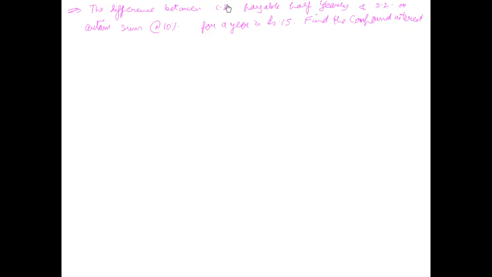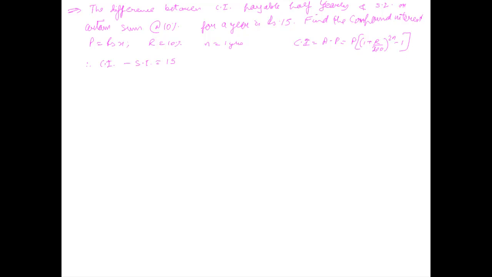So children, what if we do in a sum like this? We will first find out the principal and then we can simplify to find out the compound interest. We'll let the principal be rupees X, rate is 10%, time is 1 year. So children, the formulation is compound interest minus simple interest is rupees 15. Compound interest formula, children, which is CI is equal to amount minus P, which is P (1 + R/200) to the power of 2n minus 1.